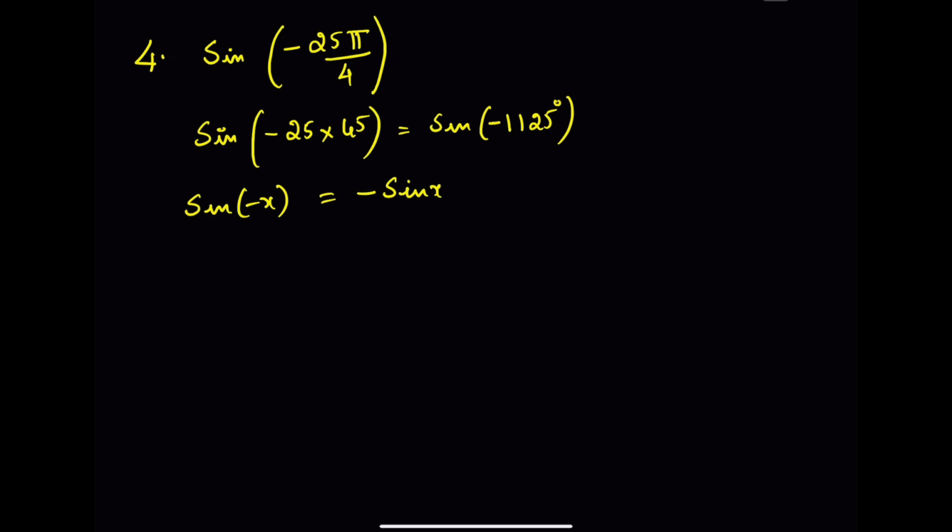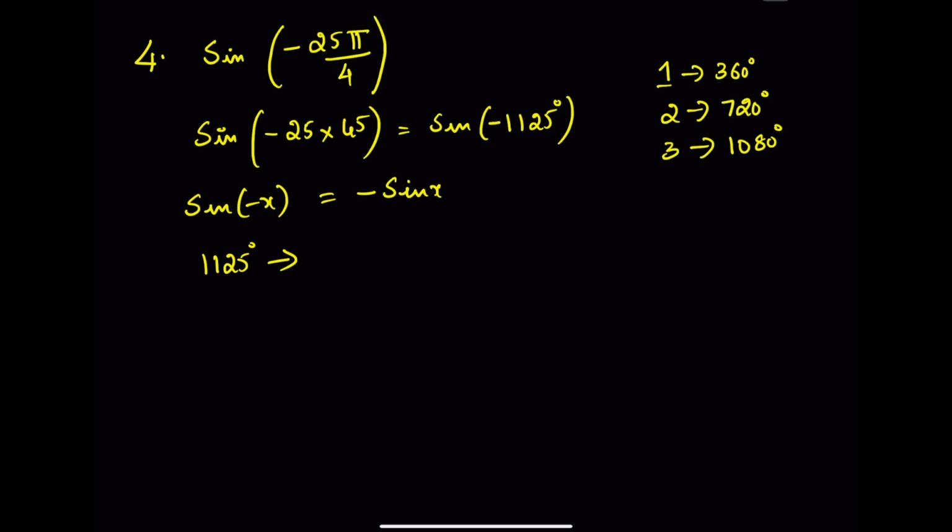Correct? So if it is going to be a negative value, how do we solve this? Let's see what 1125 degrees means. So one complete rotation is 360 degrees. Two complete rotations are 720 degrees. Three complete rotations are 1080 degrees. Correct?